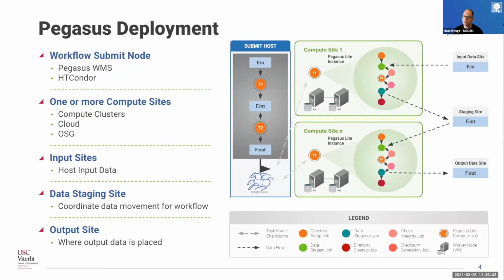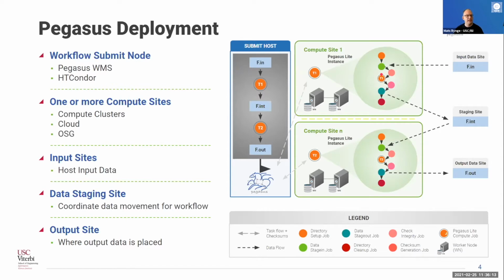Now, when I'm talking about the distributed nature of Open Science Grid, this picture here on the right is really good to keep in mind. On the left, we have the submit host, where we have a workflow that we're planning and handing to Pegasus. These jobs then go to different Open Science Grid compute nodes. And being distributed, in different parts of the country, part of the job is to do data management.